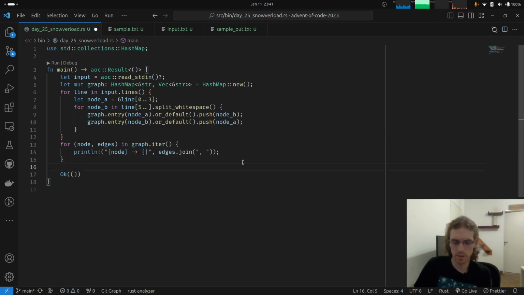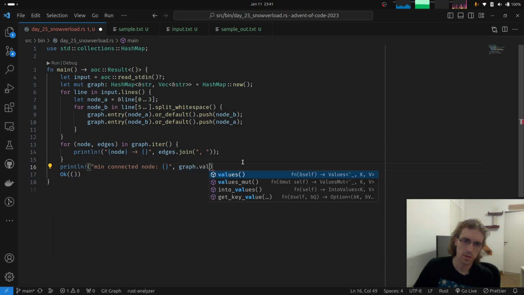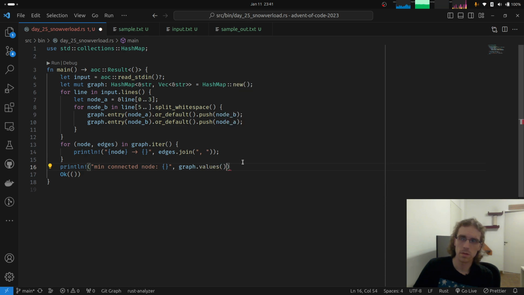Say print line min connected node, and we're just going to print graph values.